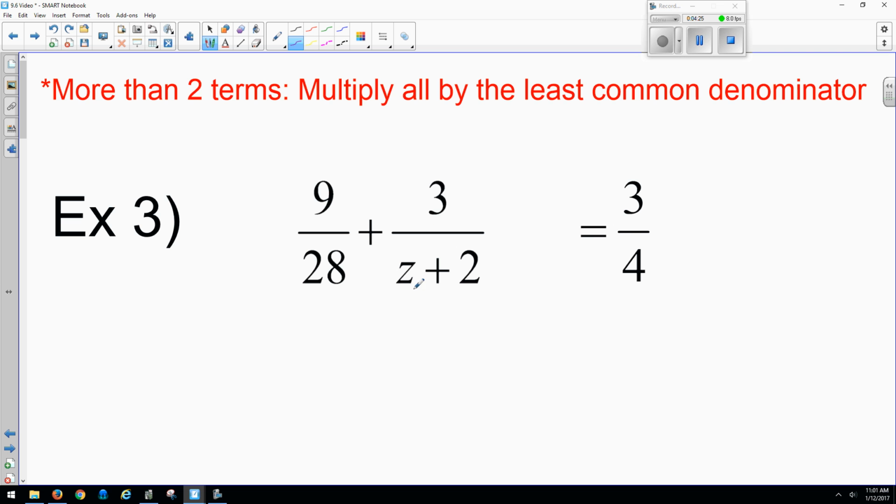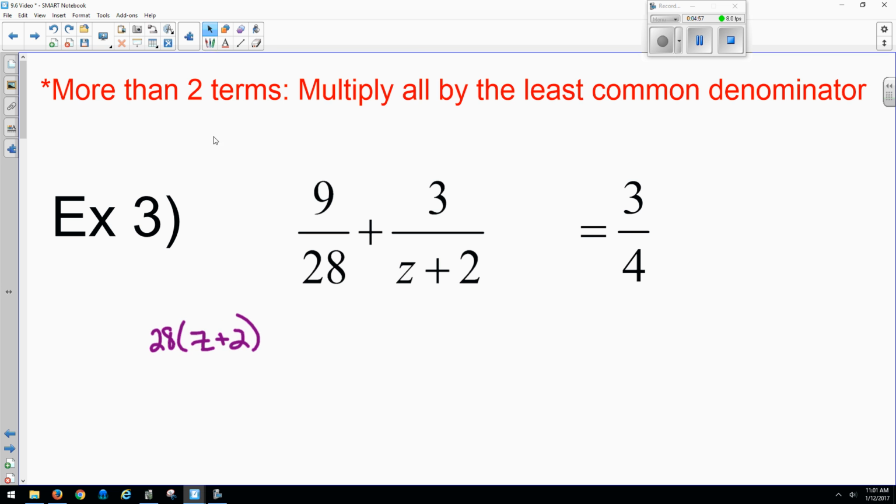But I also have the z plus 2 here. So it looks like our least common denominator is going to be 28 times (z plus 2). Like I said, the 4 goes into the 28, but I need the z plus 2 over here, and I also need the 7 and z plus 2 over here. So I'm going to multiply every single term by this, and hopefully you'll see what happens in a second.